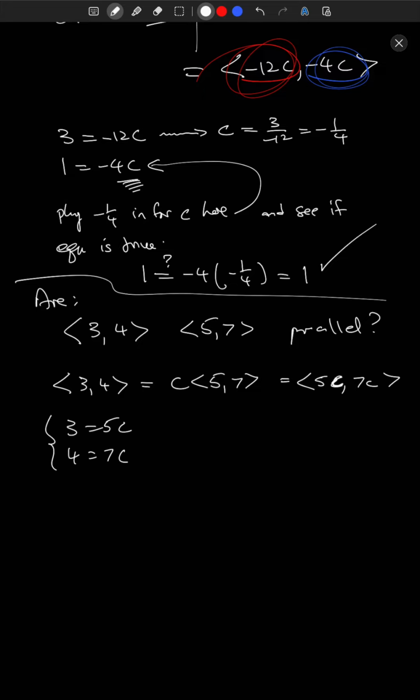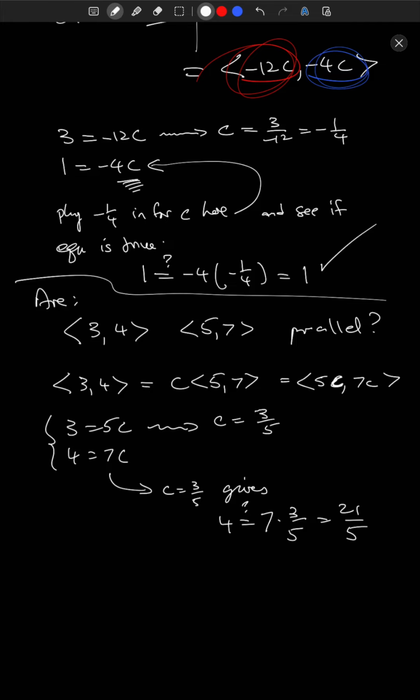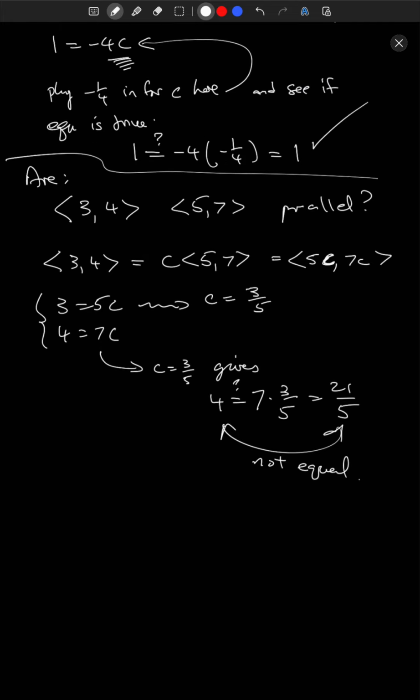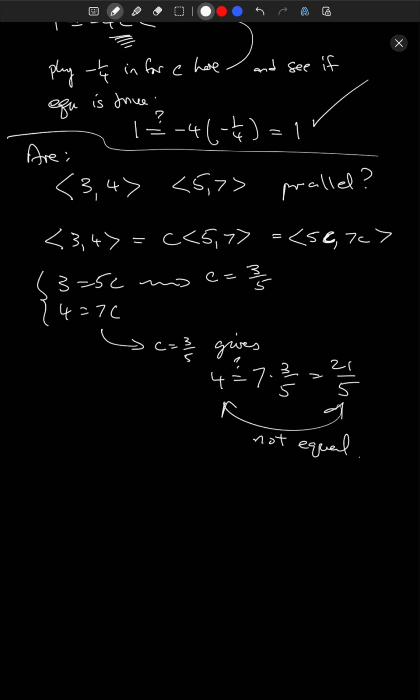The first one gives me c equals 3/5. But if I plug c equals 3/5 into the second, it gives 4 equals 7 times 3/5, which is 21 over 5. So these two are definitely not equal. 20 over 5 is 4, but 21 over 5 is definitely not 4, and so not parallel.